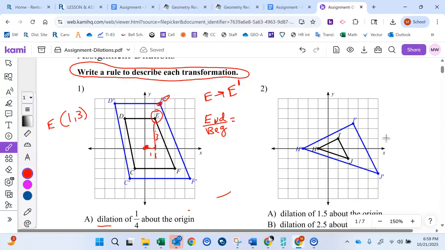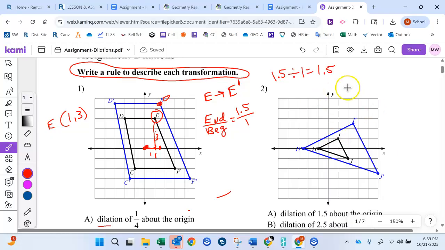Well, how about this one right here? It's kind of hard to tell. It looks like it's maybe in the middle, so maybe 1.5. So you could do 1.5 divided by 1. And if you take that on your calculator, 1.5 divided by 1 equals 1.5.